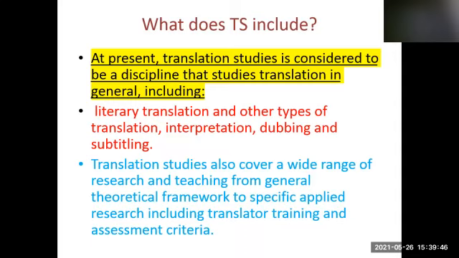So it studies all types of translation, interpretation, dubbing. Dubbing, this is when, for example, you have a film that is in Chinese, but then you find the actors and actresses speaking in English. This is what we call dubbing. And even subtitling, the subtitles on the film. All these go under translation studies.